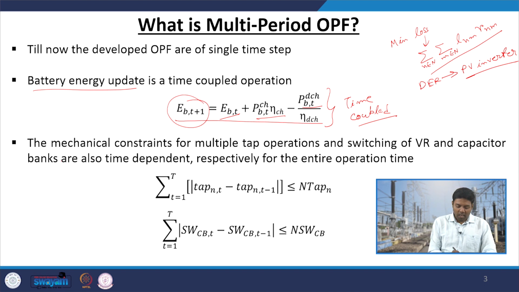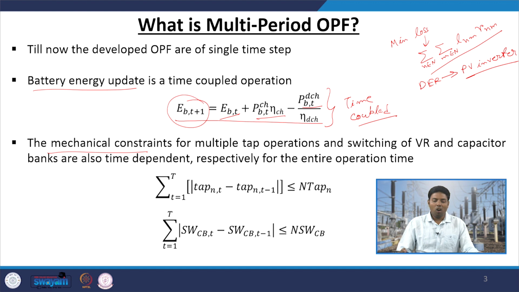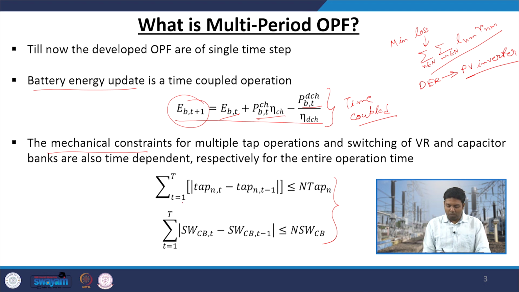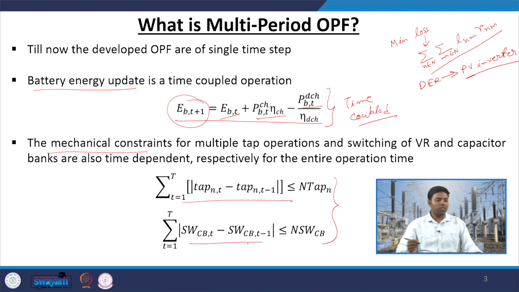Now, again if we see the voltage regulators or the capacitor banks, we have introduced two reliability constraints, if you can remember, that prohibit the total number of switching or tapping operations for the voltage regulator and the capacitor bank. That means multiple tap changing or multiple switching is not promoted.